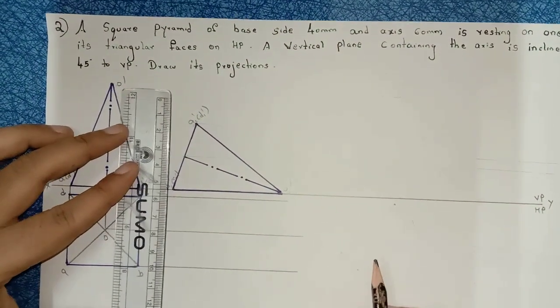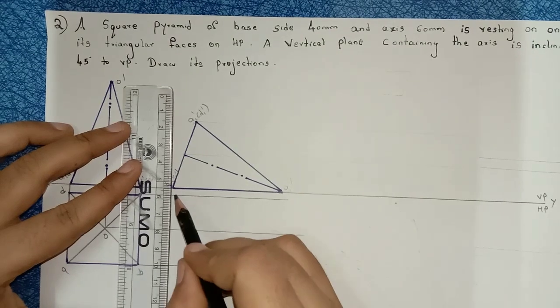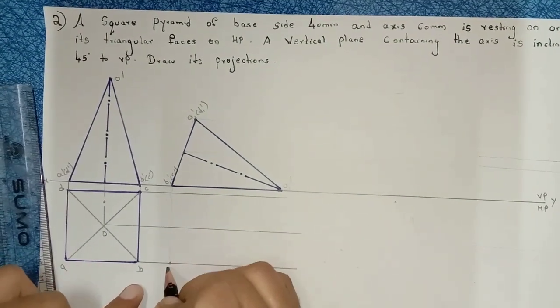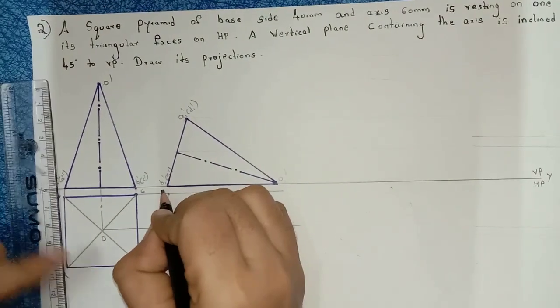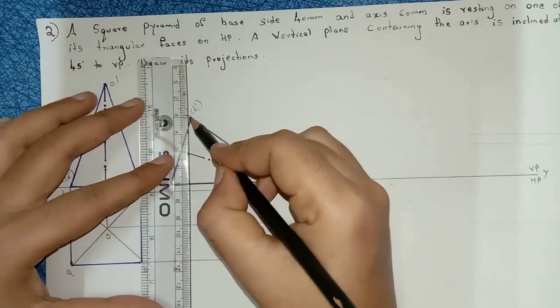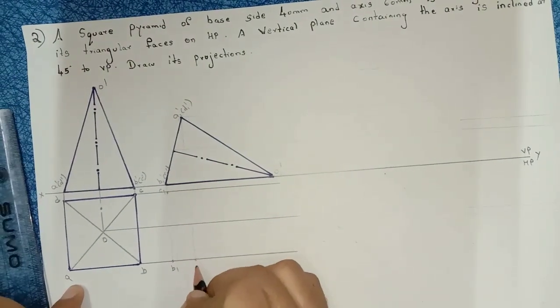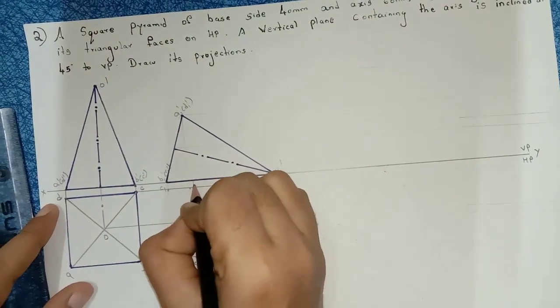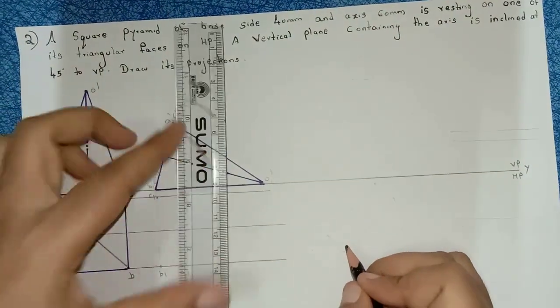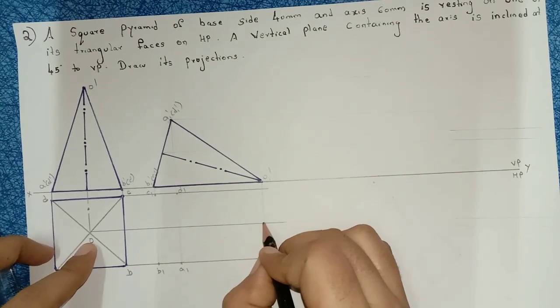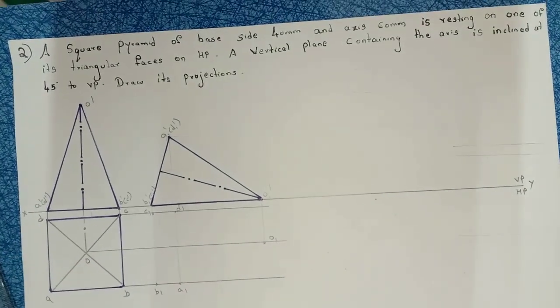Right, so same process from BC. I am drawing a straight line, so naming this point as here B1, this point as here C1. From A1 D1 I am projecting a line, so I am naming this point as here A1, I am naming this point as here D1. Right, from O1 I am drawing a projectional line till O point, naming the point as here O1.